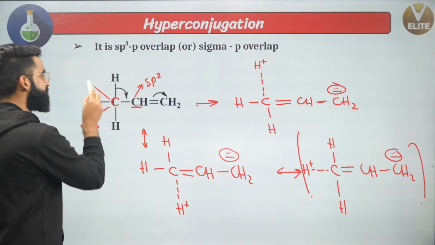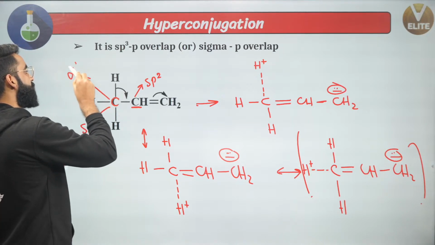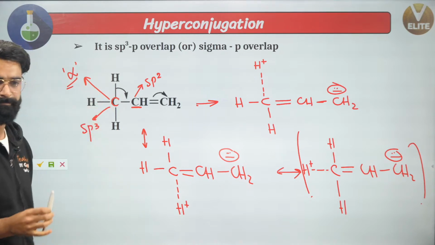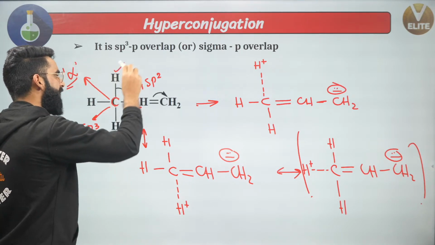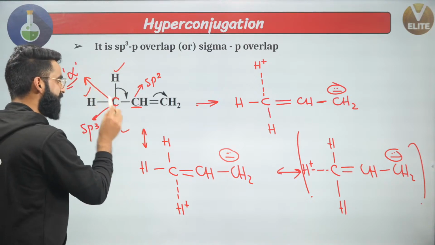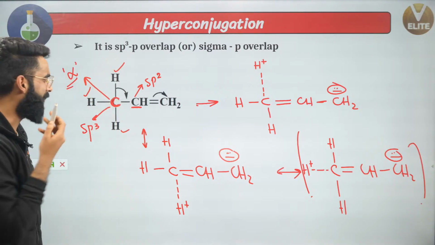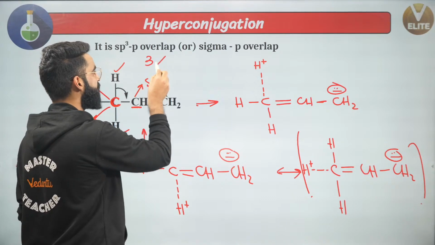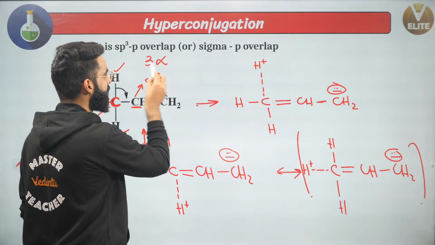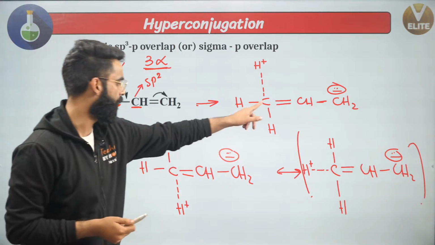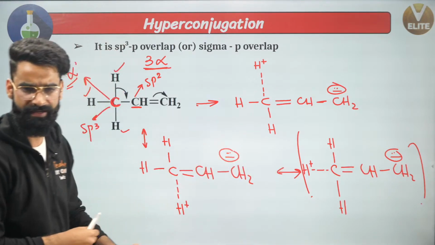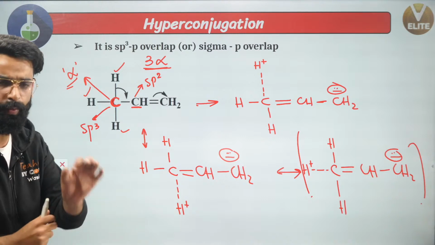This sp3 hybridized carbon right here is what I call the alpha carbon, the alpha position. And to this alpha carbon, how many hydrogens are attached? There are 3 hydrogens attached with this alpha carbon right here. So I'll say this molecule simply has 3 alpha hydrogens, and the number of alpha hydrogens is always equal to the number of hyperconjugated structures, which is 1, 2, and 3. Very, very simple.